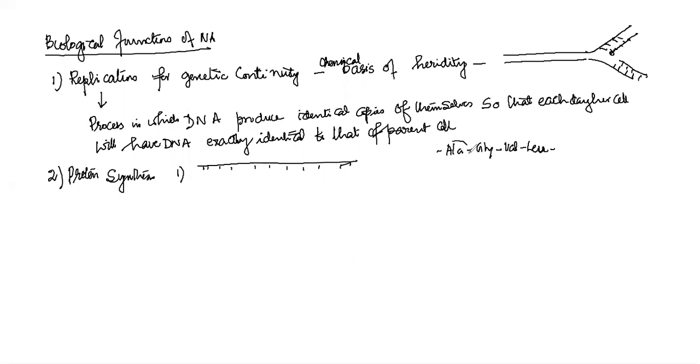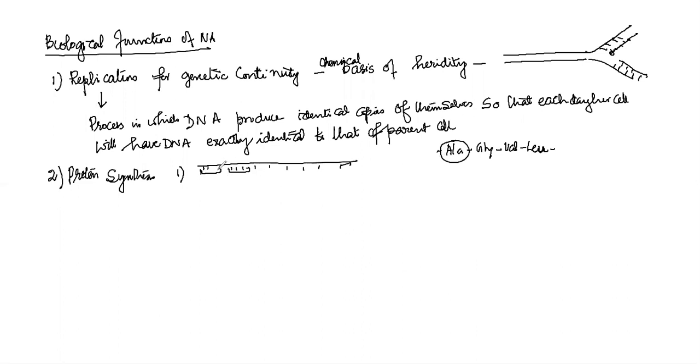And each of these amino acids will be known to the DNA as a triplet code. Three bases will constitute one code for one amino acid. Next, three bases will constitute the code for another amino acid.